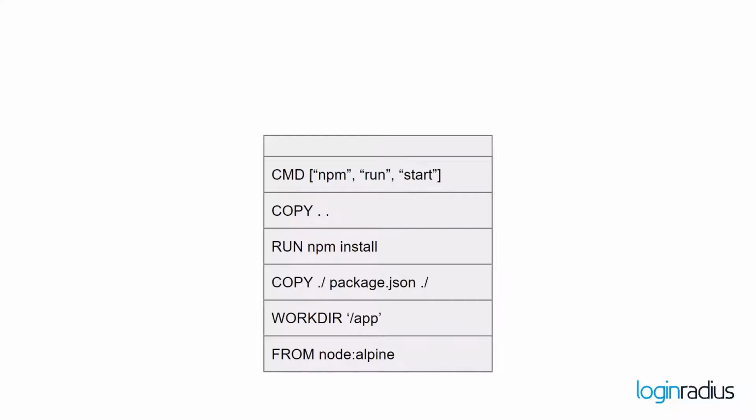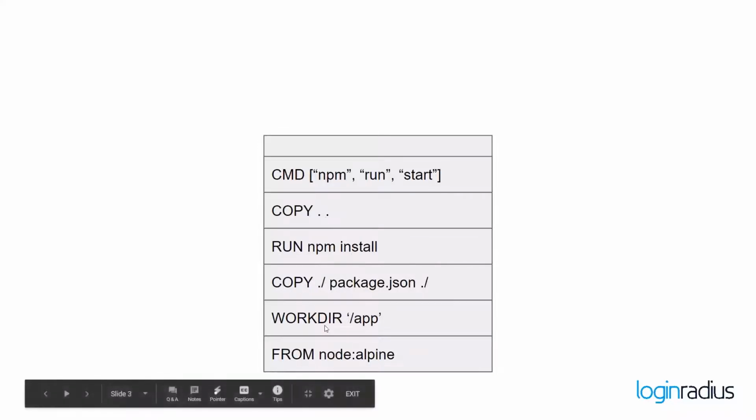Context matters because Docker keeps context of every layer which we are building for one certain image. So if we are building this with a changed package.json, the npm install command is going to run, else it is not. npm install being a very heavy command, it talks to the internet, picks up all the packages and dumps them to this workdir, which is /app.